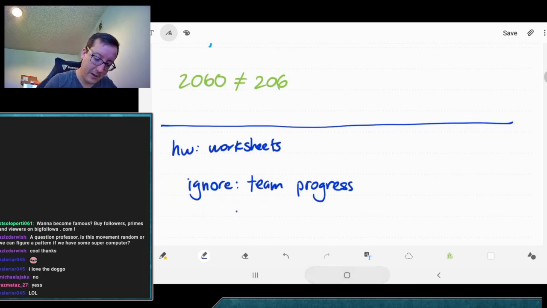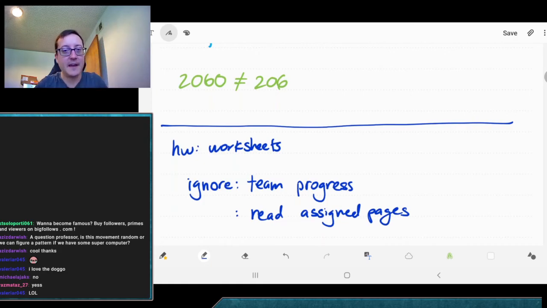You'll also ignore where it says, read assigned pages or whatever. It'll say that at the end of almost every worksheet, there are no assigned pages, right? So you don't have to worry about that. Ignore those as well. And I guarantee you, we're going to see on Discord, people are going to be like, what do I do with this reading the assigned pages?